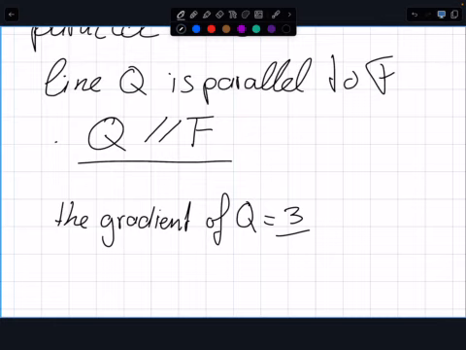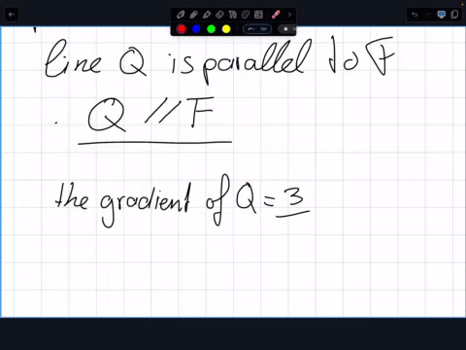The same way, they can ask you, what is the gradient of Q? They can also say, the gradient of Q is 3. Why? And they ask you, explain why the gradient of Q is also 3. So you have to write this.